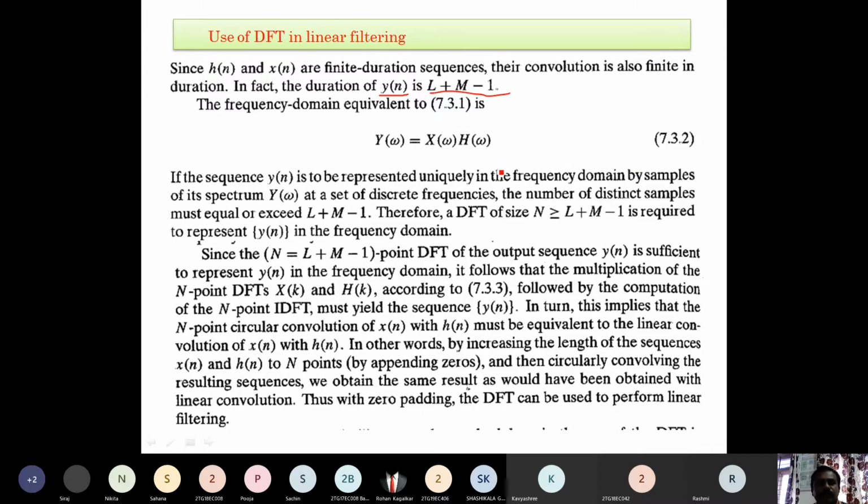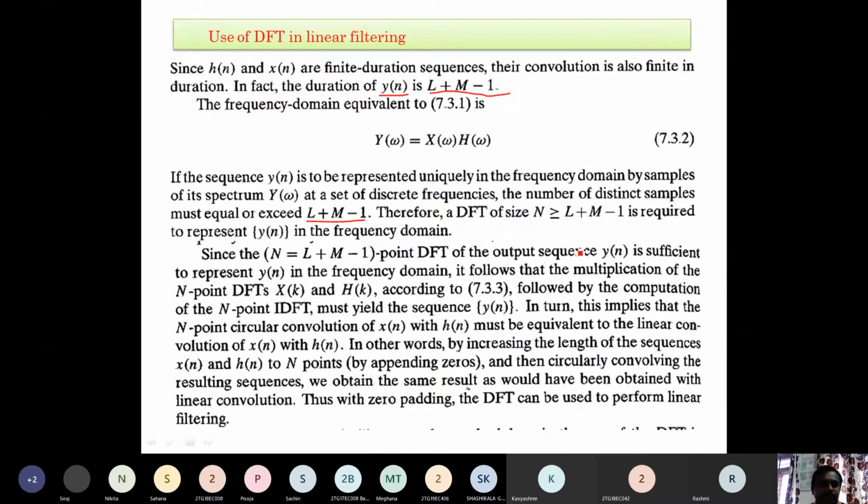If you want to calculate using the frequency domain, Y of omega is X of omega into H of omega. So the size of the output signal is L plus m minus 1.